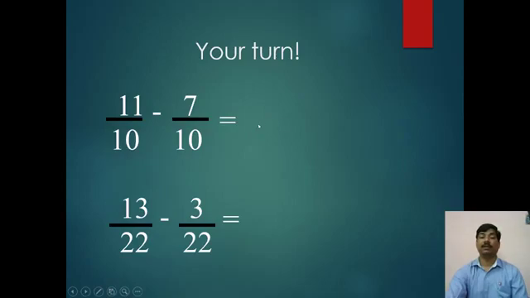And what about the denominator? The denominator will be kept the same. The result will be 4 upon 10. The 4 upon 10 is not in the simplest form, so you have to simplify the result, following step third. I hope that you can do it. Practice the second question, and solve some more questions provided in the practice sheet in the attached link.